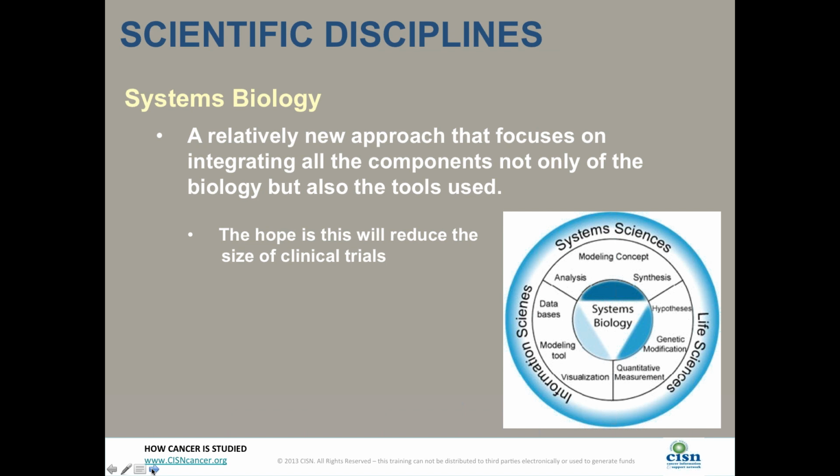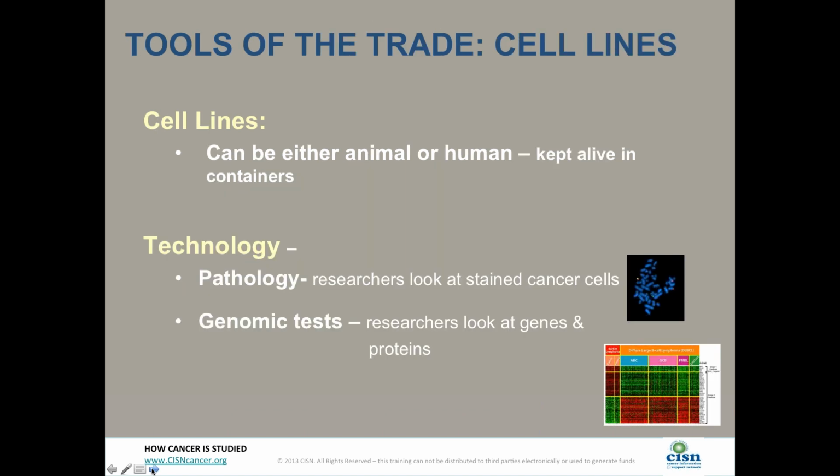We mentioned systems biology, and this is still relatively new. If you look at this image, the life sciences, 15, 20 years ago, it was all here. It was genetic modification, measurements, hypothesis. All of the basic research was done there. Then as more and more knowledge became available, they brought in other people.